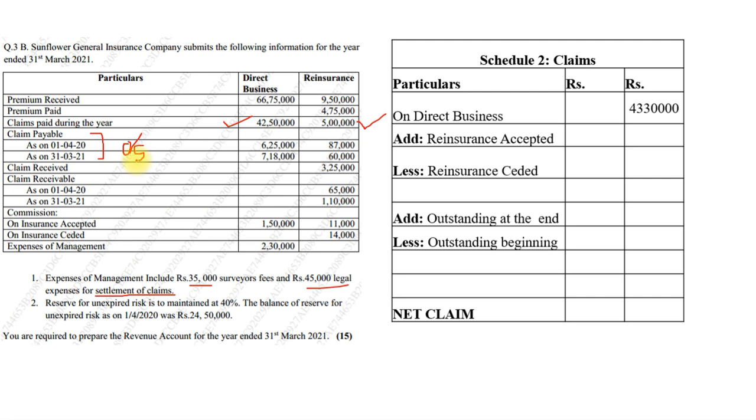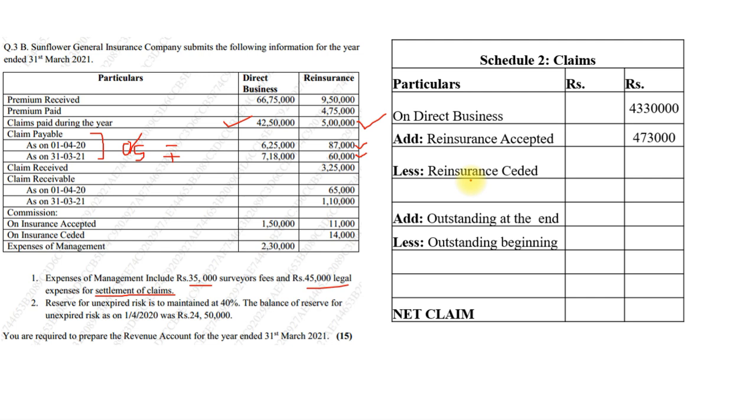Now always remember, closing we will add, opening we will less. Okay, so closing we add, opening we less. So 5 lakh plus 60,000 is 5 lakh 60,000 minus 87,000 comes to 4 lakh 73,000. So we note it down as 4 lakh 73,000. Okay, so this is done. This is also done.